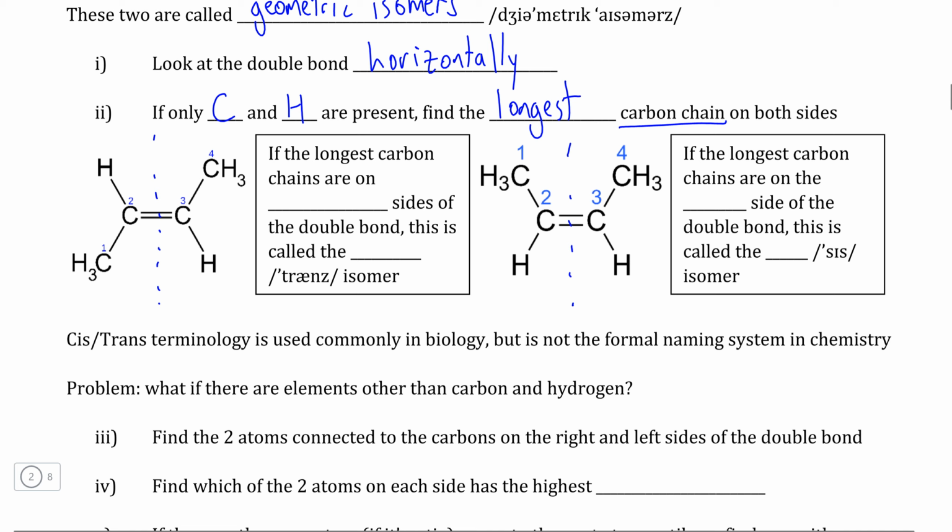So here we can see that the longest carbon chain is up here. There's only 1 carbon, and there's no carbon chain down here because there's a hydrogen. And likewise on the other side, the longest carbon chain is 1 carbon here, and there's no carbon chain pointing up because this is a hydrogen and not a carbon at all. So here we can see that the longest carbon chains are actually on opposite sides of the double bond if we orient the double bond horizontally.